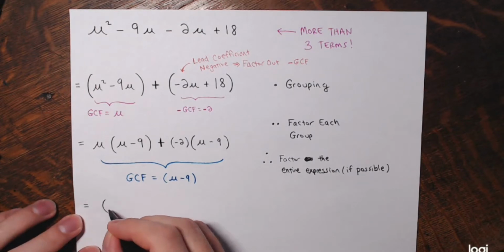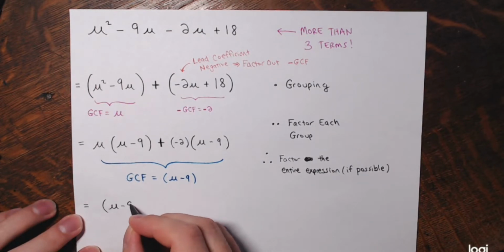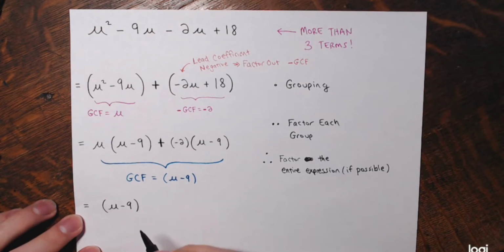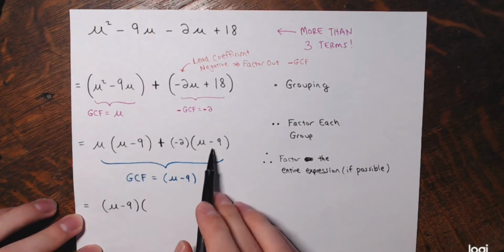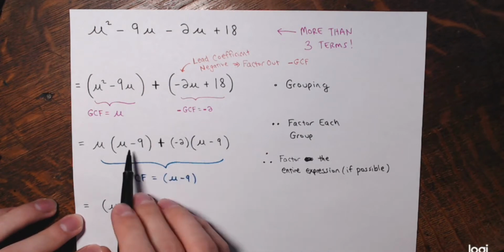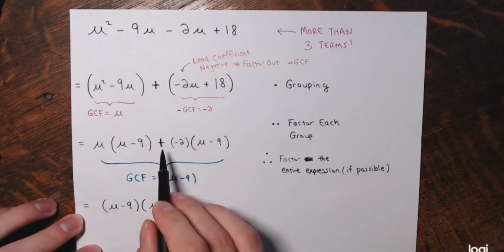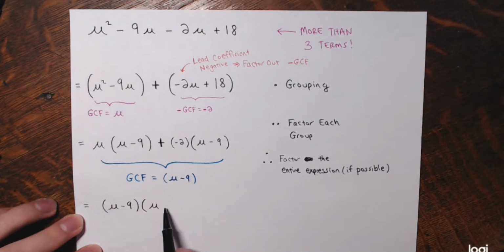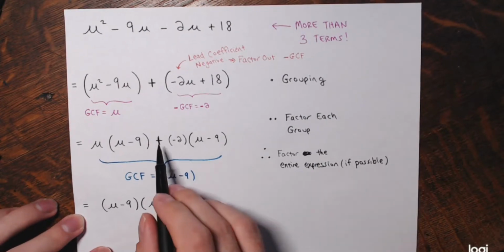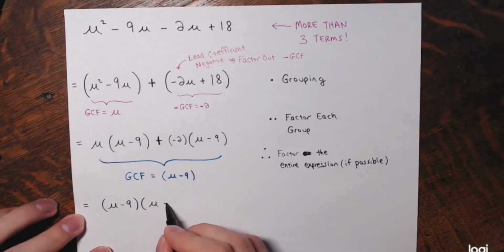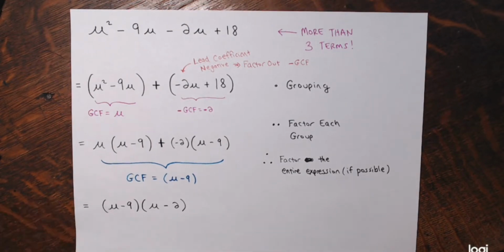Right? So I'm going to factor that out. So I have the quantity u minus 9 as its own factor. And then the factor that remains when I pull out, factor out u minus 9, would be u left over in the first term plus negative 2. Now you can write plus negative 2, that's not wrong, but usually plus a negative is just subtraction, so minus 2. And there we go.